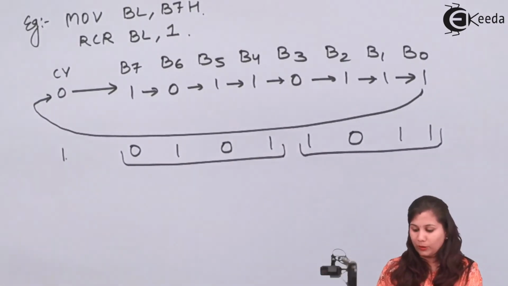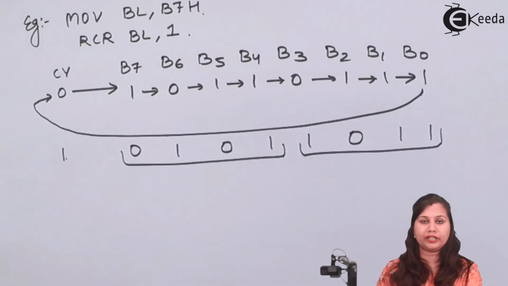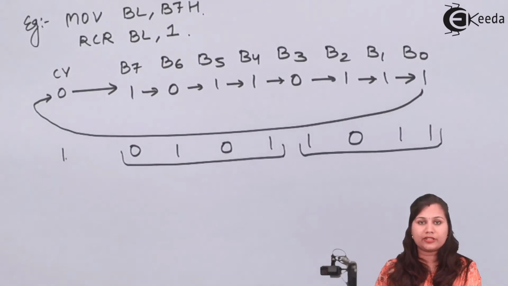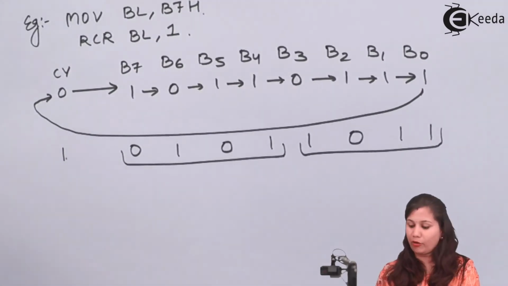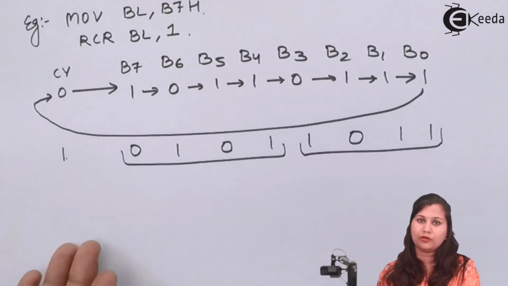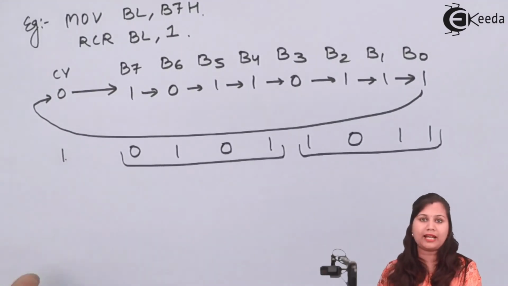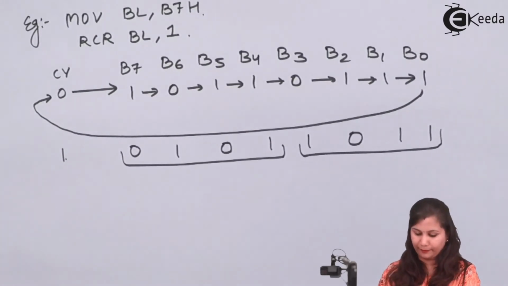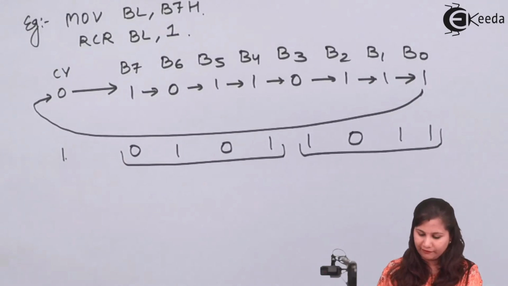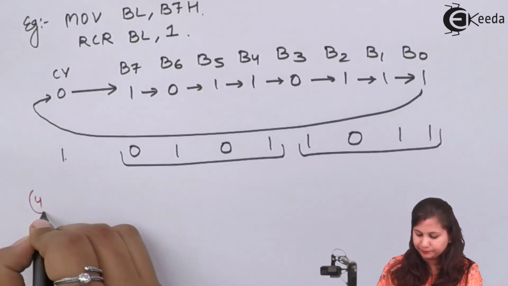So you can see that all these instructions, they are shifting or rotating the contents of either the register or the memory location to the right hand side or the left hand side, or they are using the carry flag also. And all the flags are affected due to these shift and rotate instructions. Another instruction we were having is the RCL.